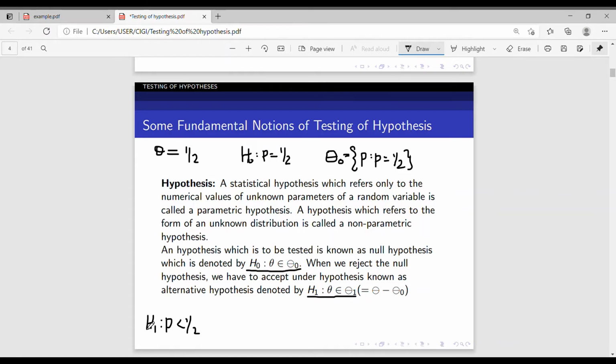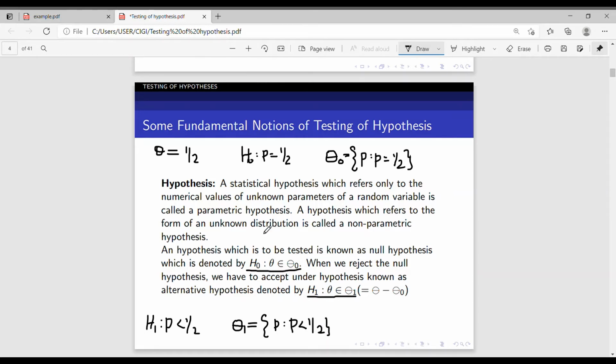In this case, the parameter space theta 1 is the set of all p such that p is less than 1 by 2.